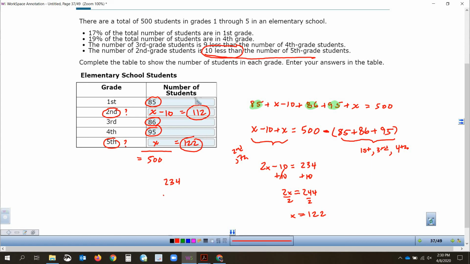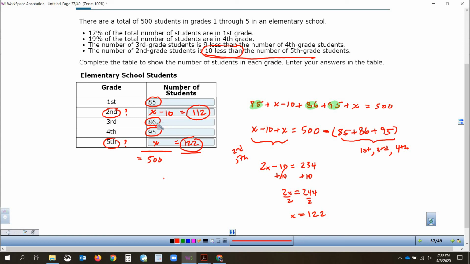If I add these two together, let's add 112 and 122 together. No, that's the 234. My bad. So 234 is what those added up to. That's what was left.